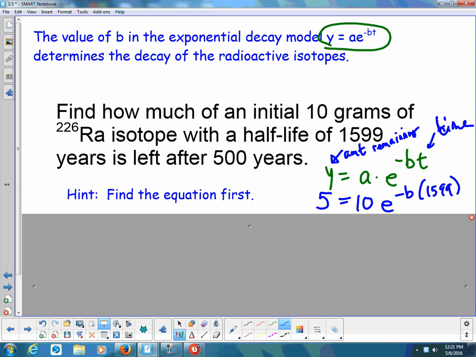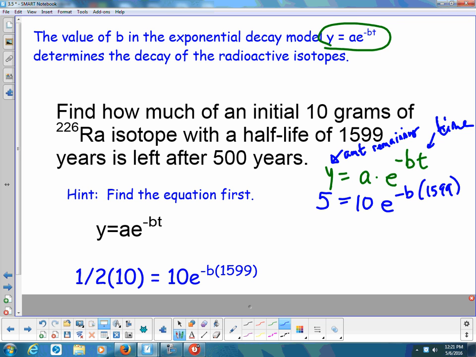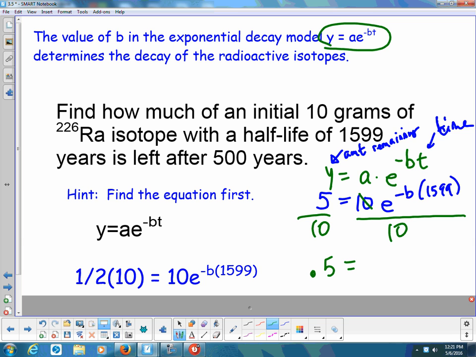This is so we can solve for b to write our model. So I'm going to divide both sides by 10, and I get 0.5 equals e to the negative 1,599b. I just rearranged those because I like to have my variable after the number.